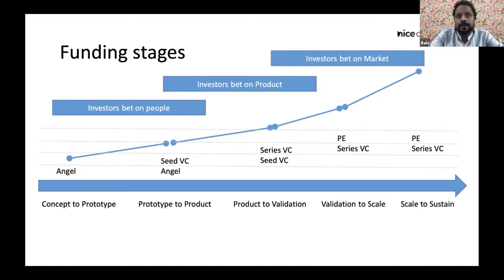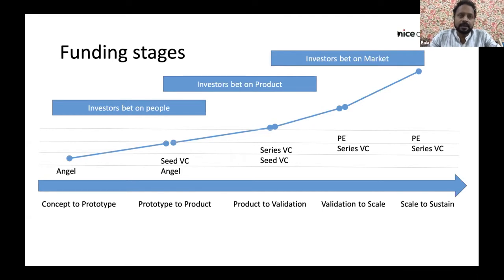The reason I'm saying this is because even your pitch will change depending on where you are, and you have to tailor what you say based on the different stages of funding that you are trying to get money for. So keep this in mind as we create a pitch.